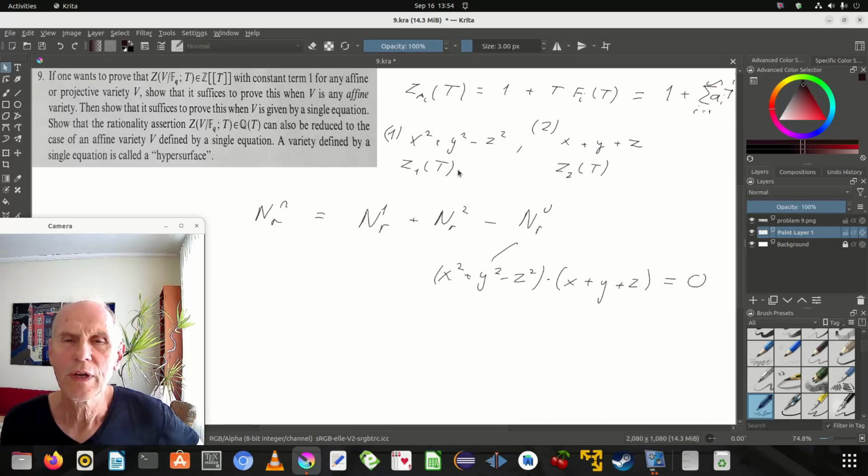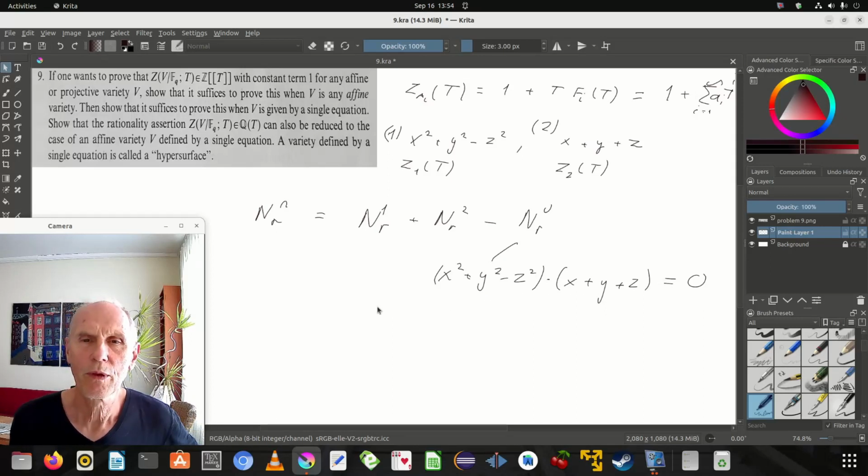The number of points in F_q to the rth of the intersection, there should be an intersection sign, we get by taking the number of points of this one plus the number of points of this one minus the union. And the union is given by the product of the two. Similar formulas can be made for 3 or more.